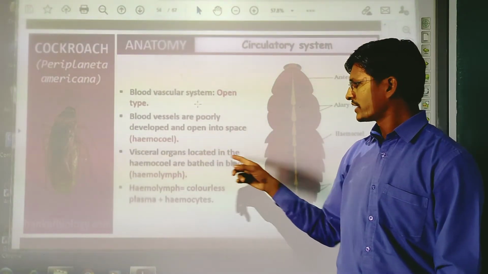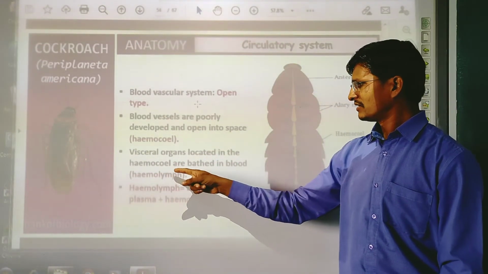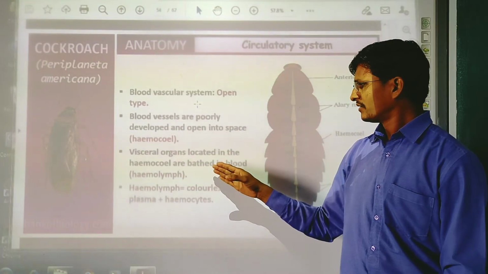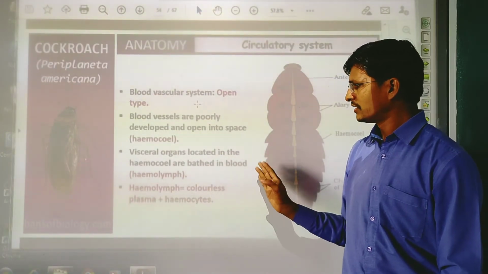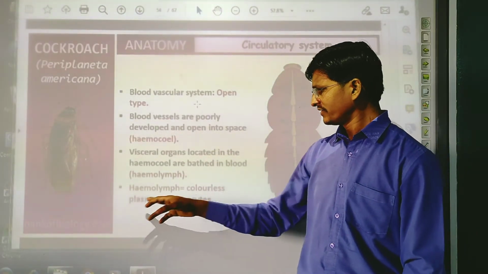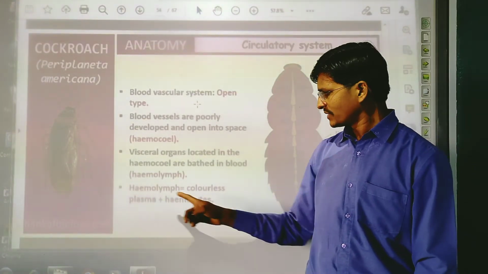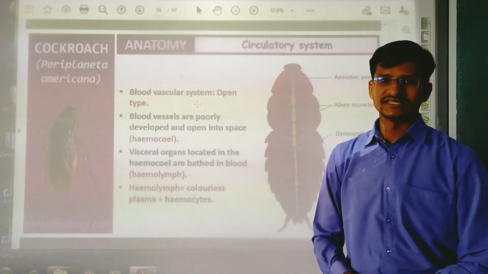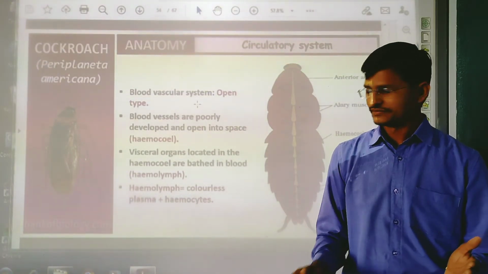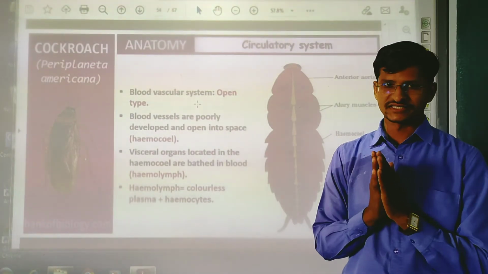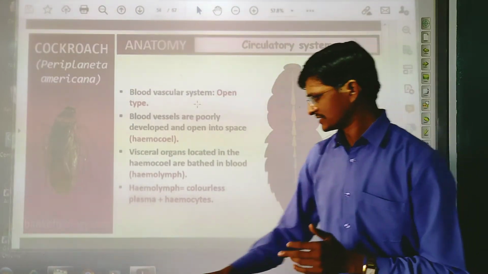Visceral organs located in the hemocoel are packed in the blood, that is hemolymph, that is colorless, plasma and hemocytes. We have hemoglobin, but here hemocytes. Understood? They are colorless.